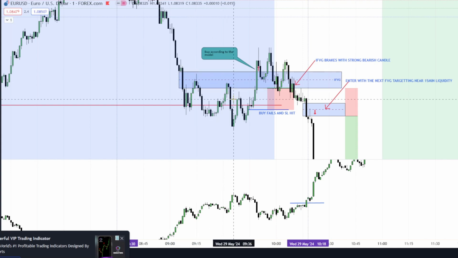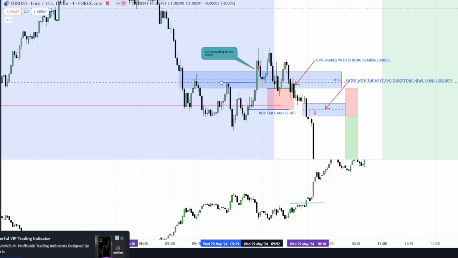After price took this external level liquidity, it went high and through the fair value gap. So a market structure shift also occurred here.